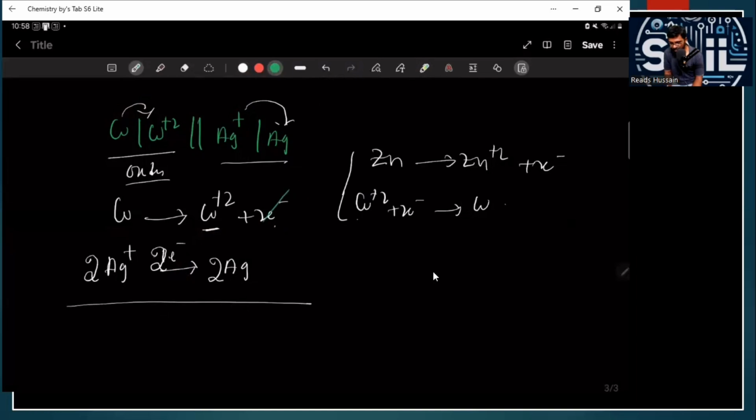These 2 electrons get cancelled. Then on the reactant side copper is there. So let's write Cu plus 2 Ag plus gives, on the product side, Cu plus 2 plus 2 Ag. This is the overall reaction.